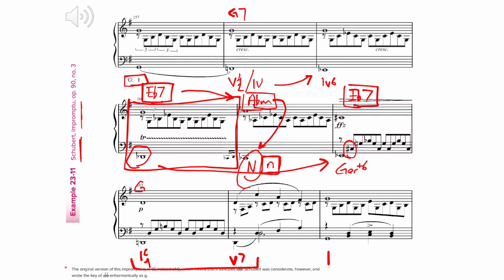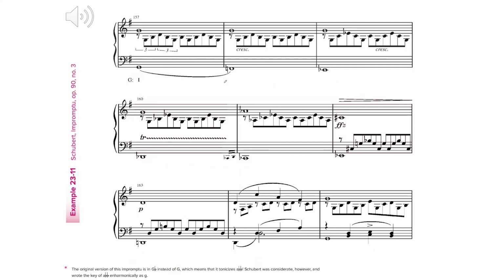I clear the picture: V 4/2 of IV, and after that we have minor iv. And the progression is very conventional. After IV we have Neapolitan, which is actually lowered 2. This is flat 2, in this case a flat 2 minor chord.